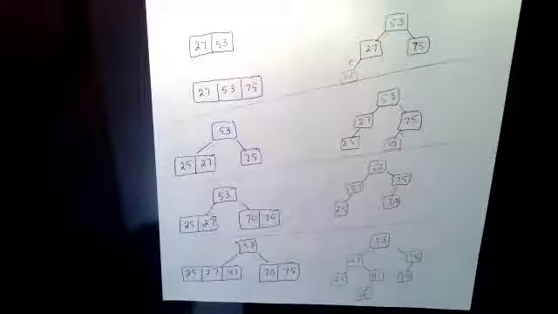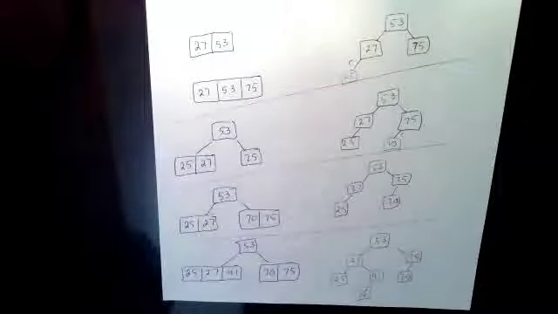Well, guess what's going to happen here, folks? Come on, it's fun. You can guess it. Anybody want to guess? So now I have two consecutive reds. Okay, I can't have that, but I have to have the same number of blacks coming down.